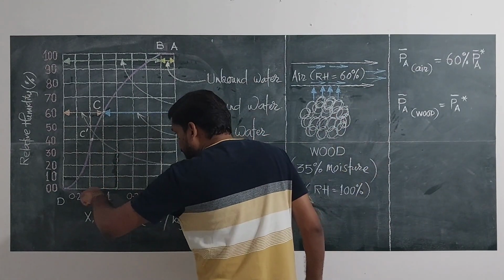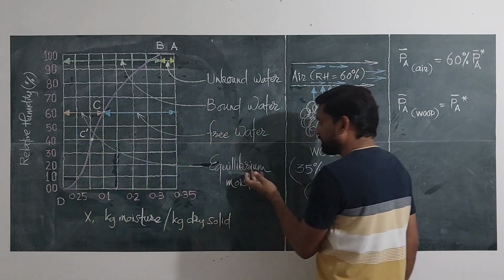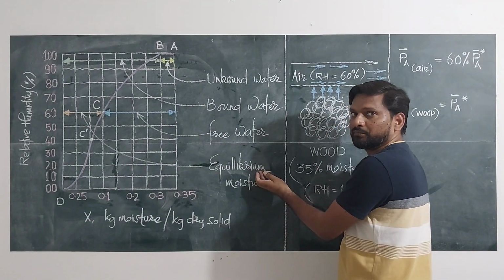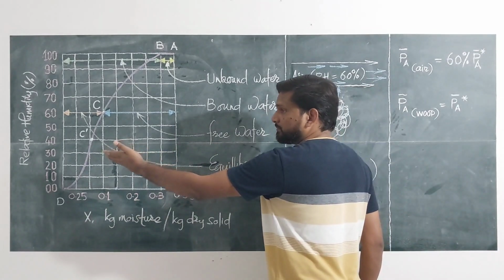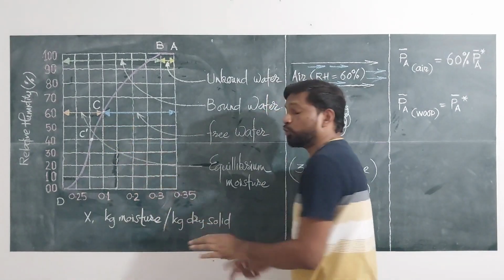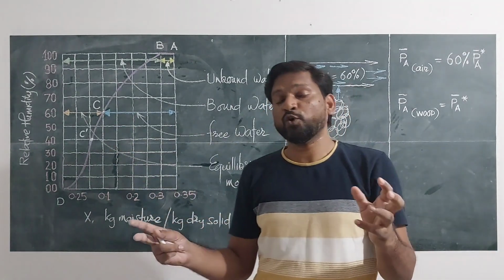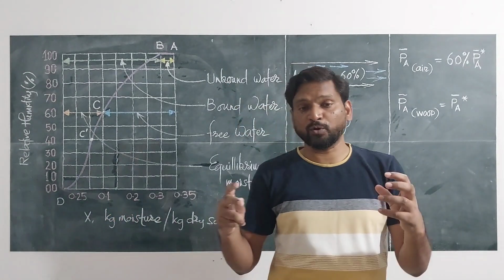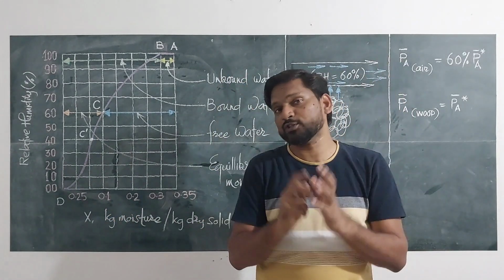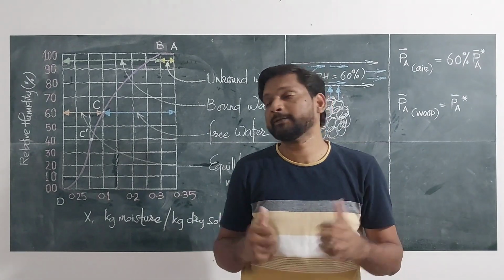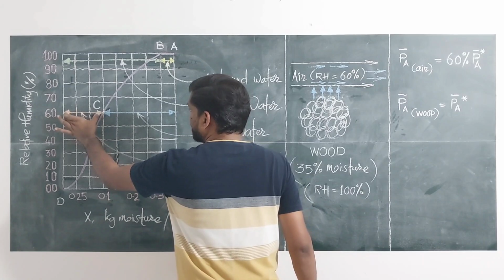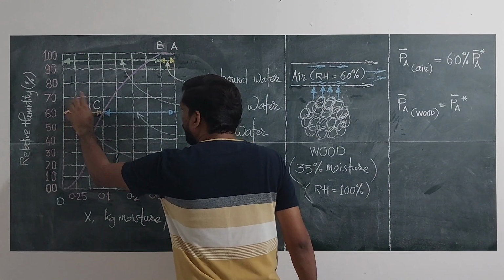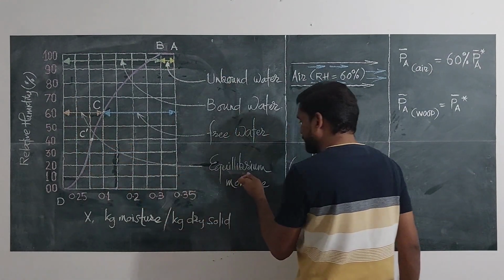That remaining moisture is called equilibrium moisture. This equilibrium moisture cannot be removed further because equilibrium is set. No appreciable mass transfer of moisture of water from wet solid to air is possible. Not possible. So this is the equilibrium point, and the moisture represented by this orange line is equilibrium moisture.